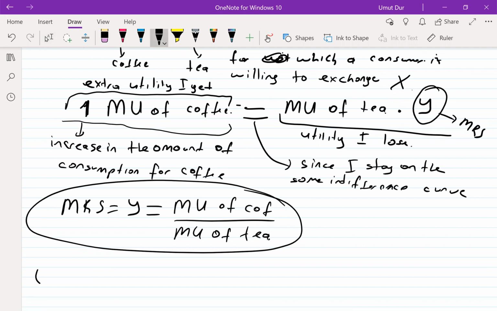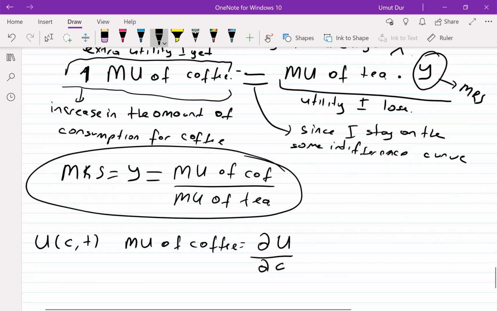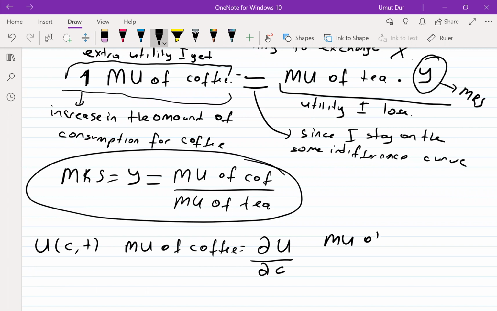So for example, if we are looking at the utility function composed of coffee and tea, the marginal utility of coffee is the derivative of the utility function with respect to coffee. Marginal utility of tea is equal to the derivative of the utility function with respect to tea.